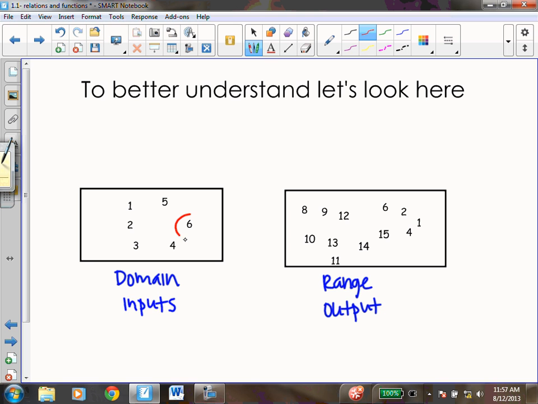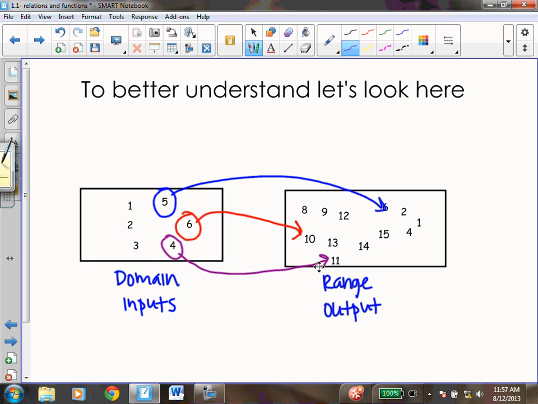Each element in the domain has to have an element in the range. Now, I don't know how these numbers are related, and honestly, I don't really care at this point. But the key thing is, if this relation is going to be a function, then every element in the domain can only have one element in the range.